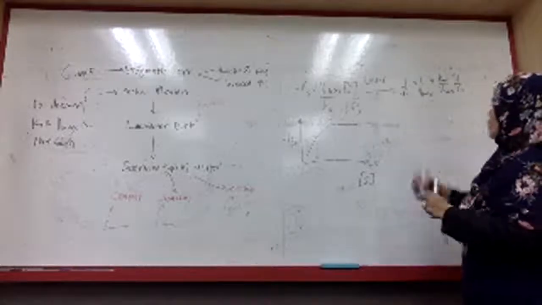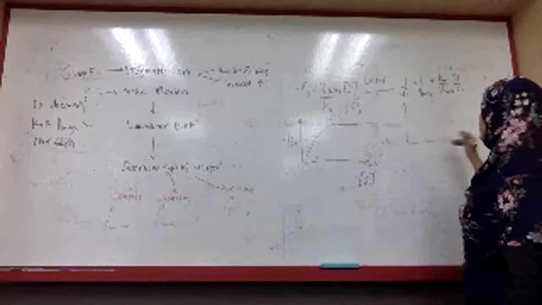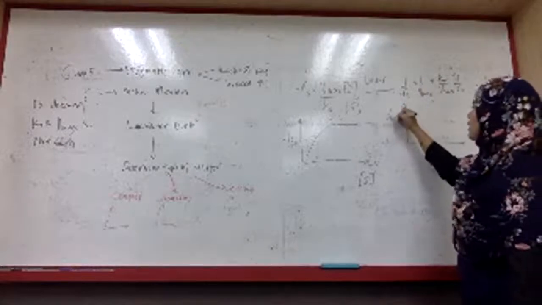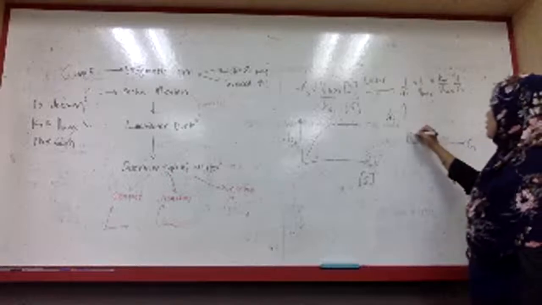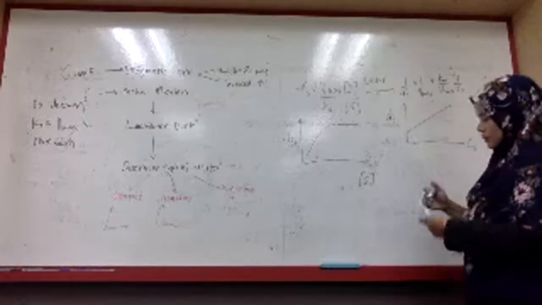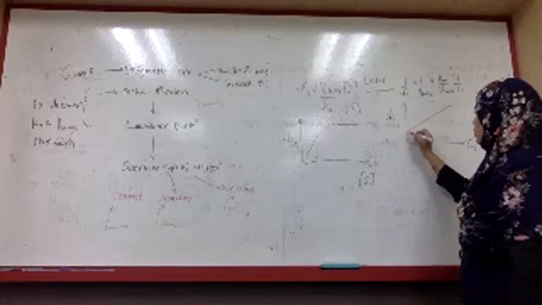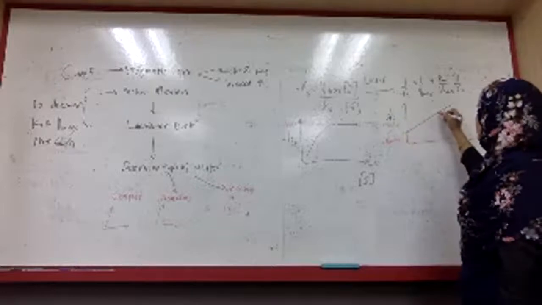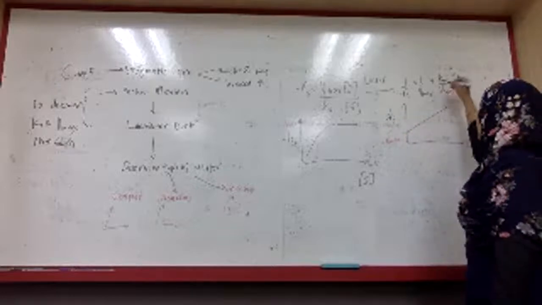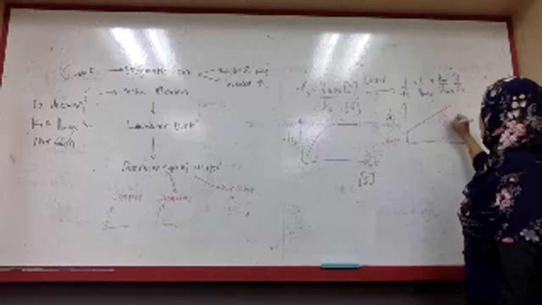So based on this equation, you will get a linear graph. So this is your C_S, and here will be your 1 over Vmax. So your slope is Km over Vmax.